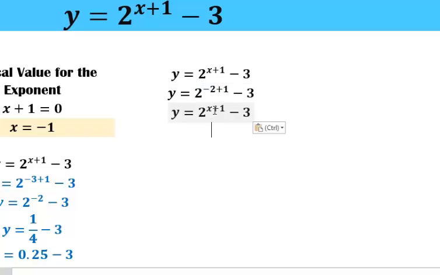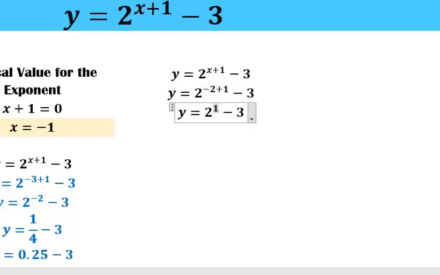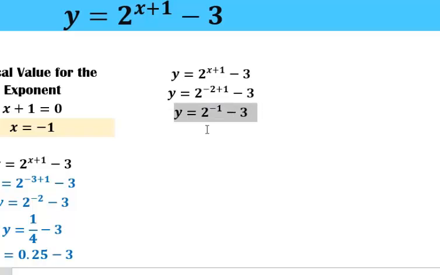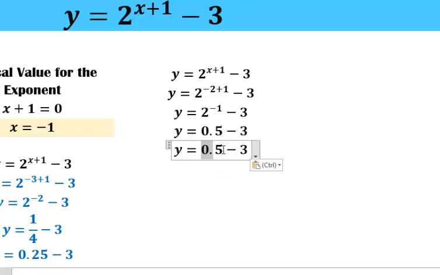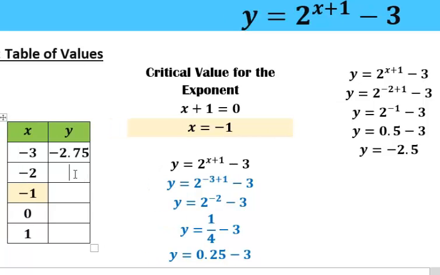Minus 2 plus 1 will be minus 1. 2 to the power of minus 1 is basically 1/2; you just find the reciprocal. So 1/2 is 0.5. 0.5 minus 3 will be negative 2.5, and that will be the y we put in here.